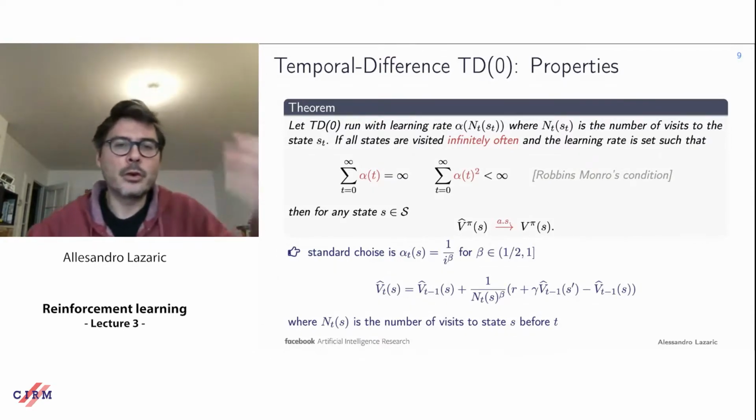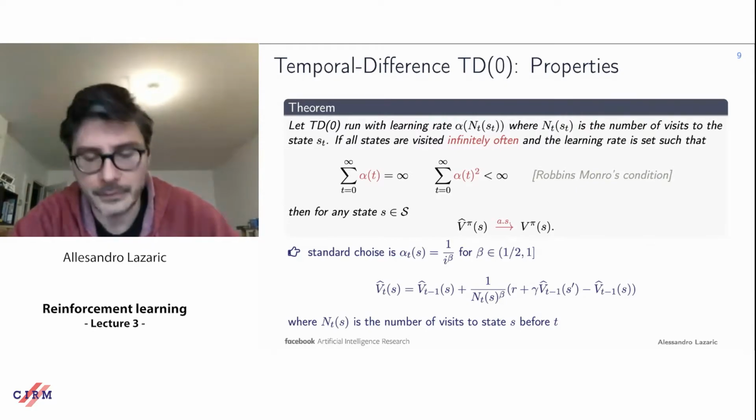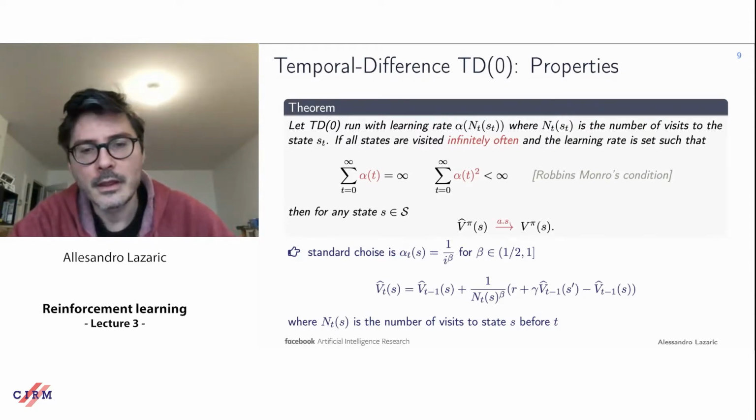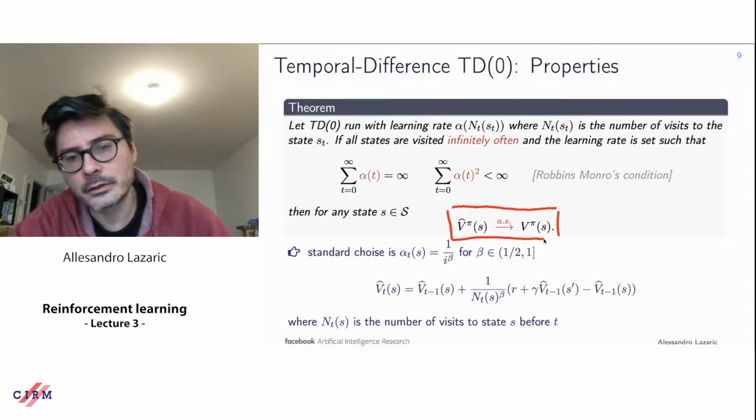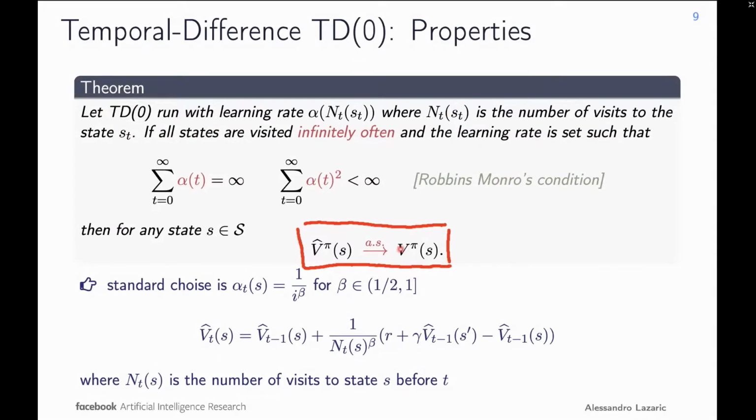And if the way the learning rate decreases satisfies specific conditions, then what we have is that almost surely, so it's a strong statement, almost surely v hat will converge to v pi in every state.